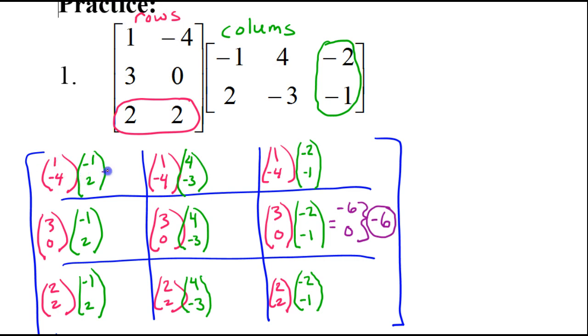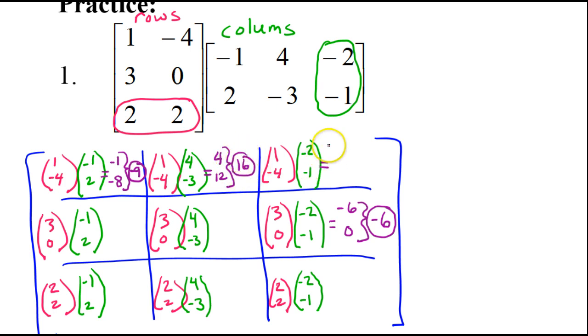If I multiply here, I'm going to get negative 1 and negative 8. The sum is negative 9. Didn't quite leave myself a ton of space here. That's negative 9. Okay, if I multiply here, I'm going to get 4 and 12. Take the sum of that, and I have 16.